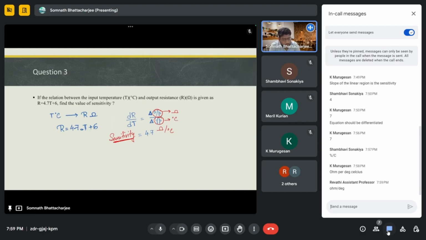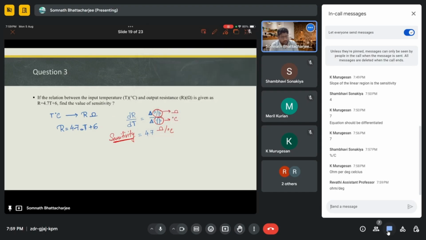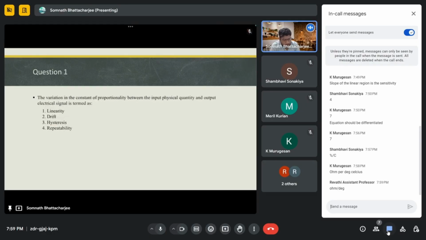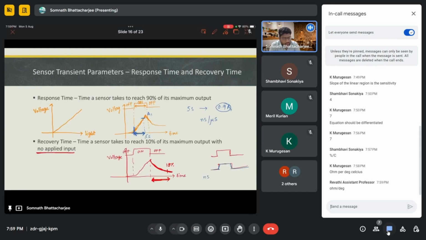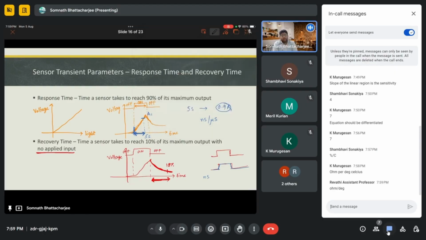Okay, so now we'll move towards some more. What I forgot to mention previously: why is it important to calculate the response time and recovery time? What's the reason to calculate these things?